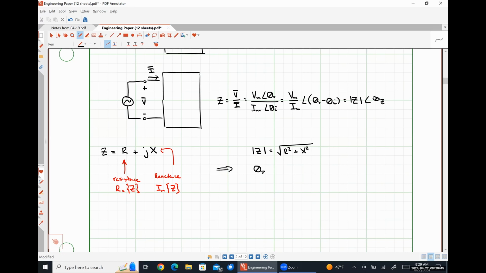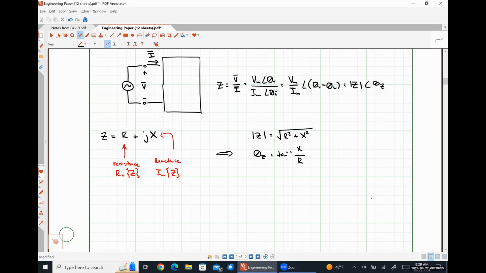The phase angle is just the inverse tangent of the imaginary part over the real part. And going from polar form to rectangular form, our real part, the resistance, should just be our magnitude times the cosine of theta Z. And our reactance should be the magnitude of Z times the sine of theta Z. All of those relationships just come from simple complex number manipulation.